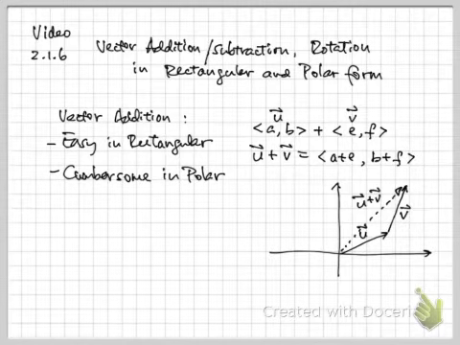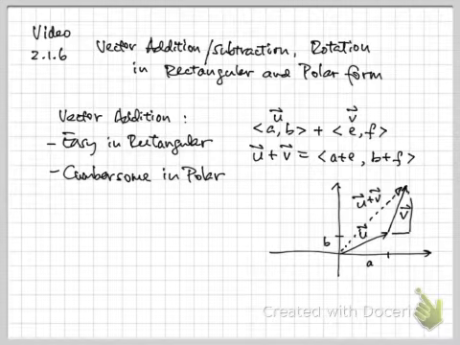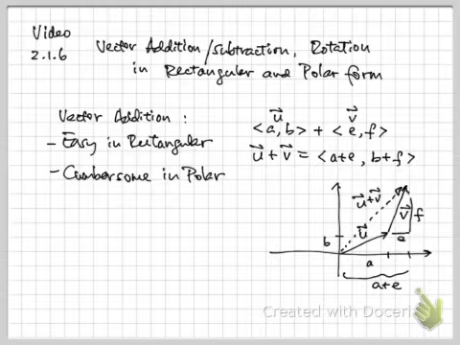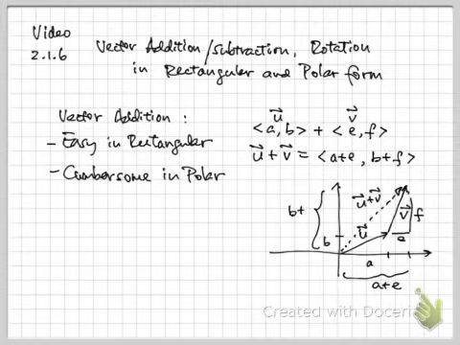You can see readily that if u has components a and b, and this one has components e and f, then the final vector has x component a plus e, and the y component is simply b plus f. So that's pretty intuitive.